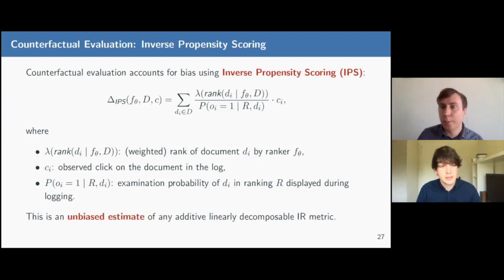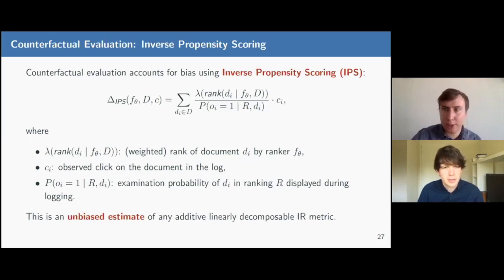So we're sort of reweighing according to that inverse propensity score, essentially. All right. Yeah, and it is important that that is the observation probability during logging. So when you are collecting the data. It's a good point. Yeah.